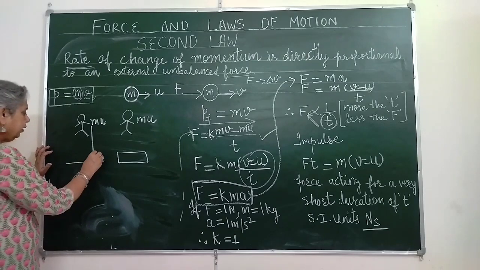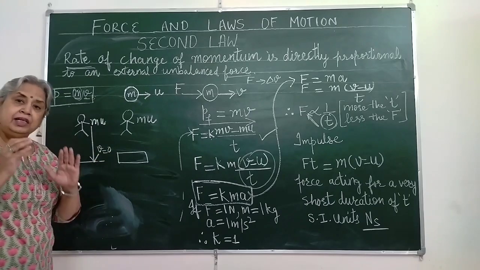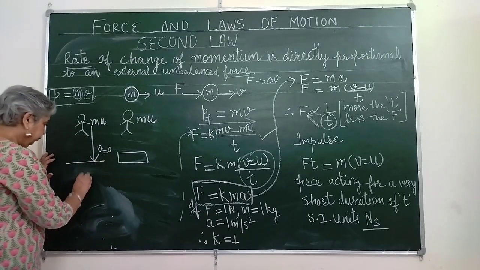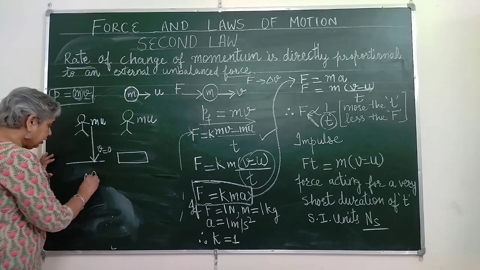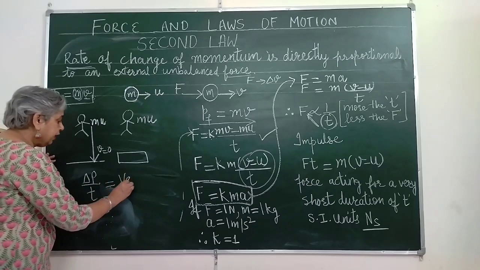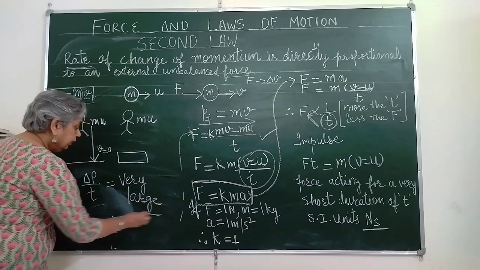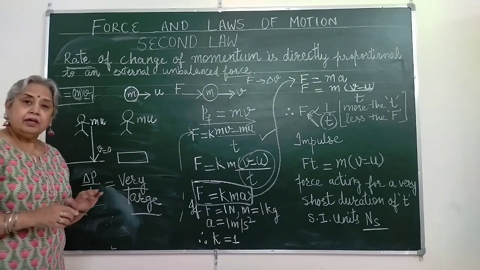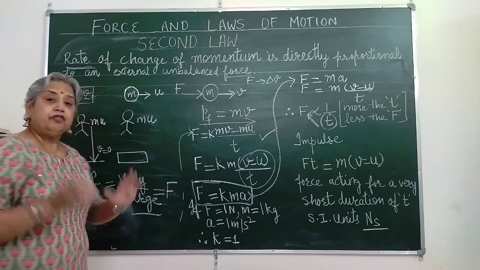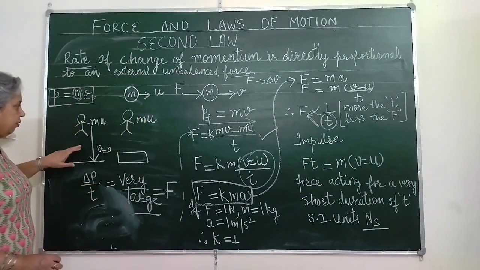When it comes here, v becomes 0 immediately in a very short duration of time. So, the rate of change of momentum, delta P upon T, is very large. Very large rate of change of momentum means force, so a very large force will act on this person.